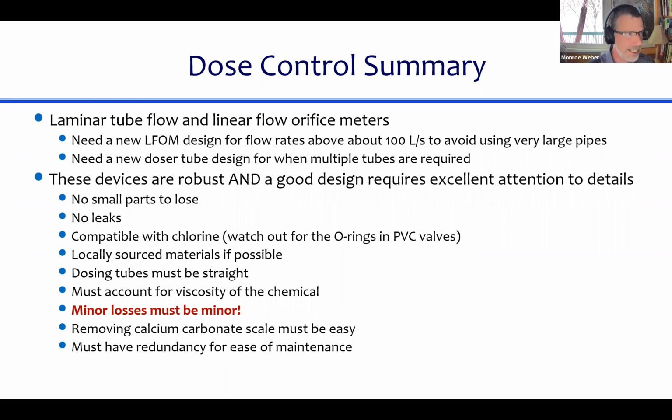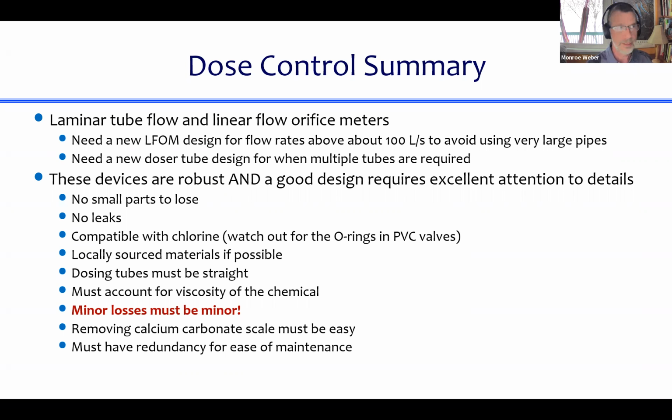I did learn recently that there are other chlorine compounds based on sodium that are also sold as solids that would be a possible replacement for calcium hypochlorite, but they're not commonly available. They're made in the US, and I haven't seen them in other parts of the world. The other option would be to use bleach. Bleach is sodium hypochlorite.